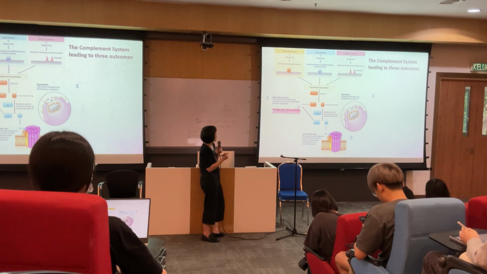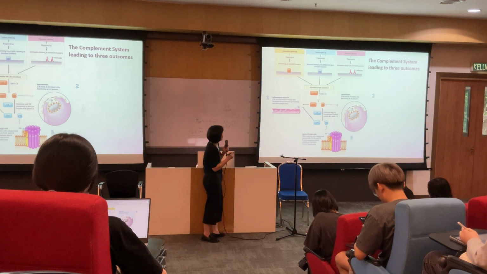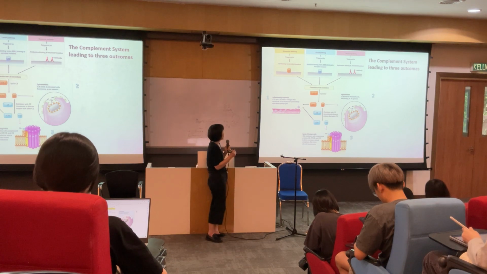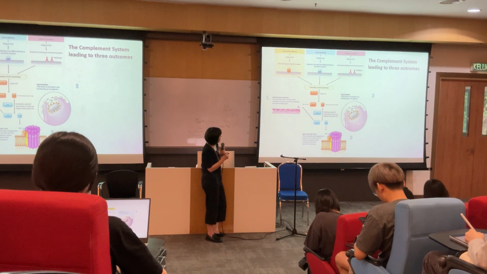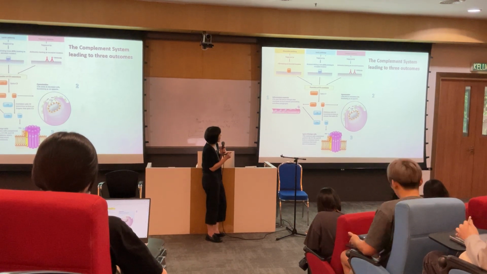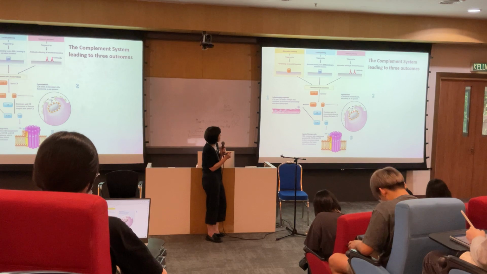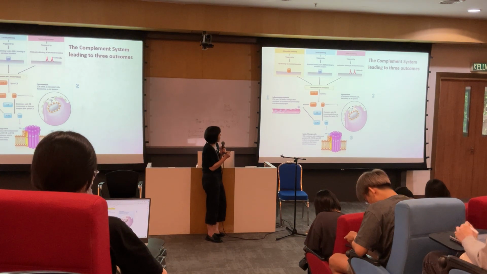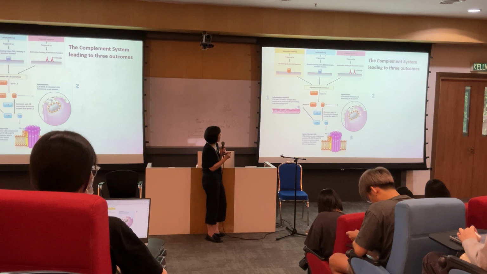Alright. Second is that C3b can act as an opsonin. It can itself act as an opsonin and bind to the bacterial cell surface. Once it binds and acts as an opsonin, it can be recognized easily by the phagocyte.